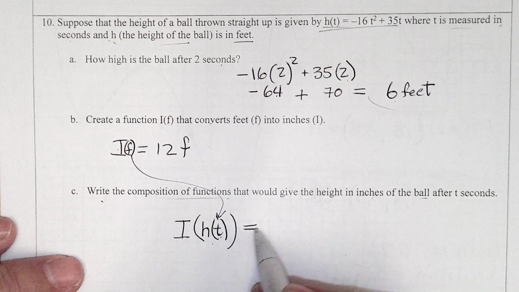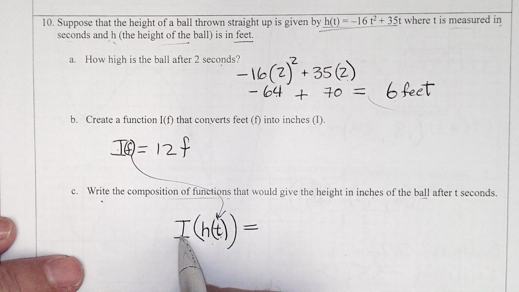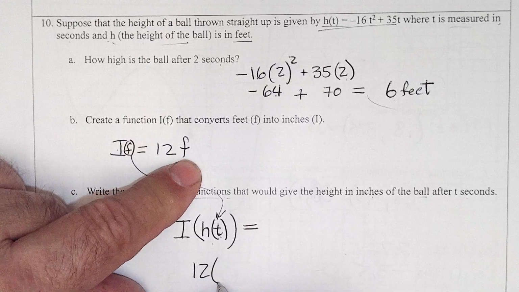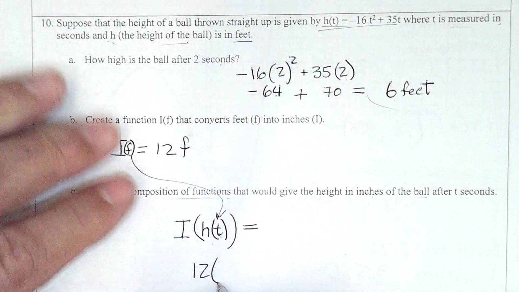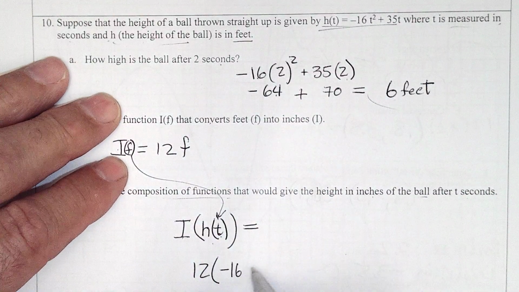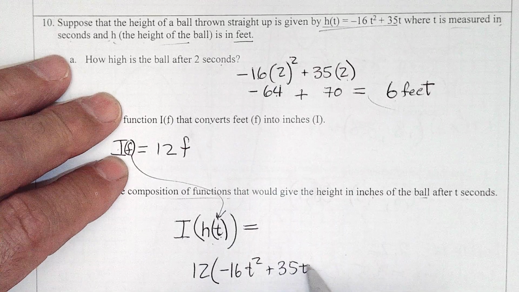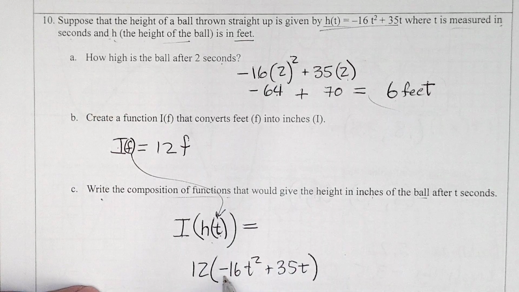Or writing it out, it would be 12 times f, and f is that, negative 16t squared plus 35t. In other words, I give it the time, it will tell me the height in feet.